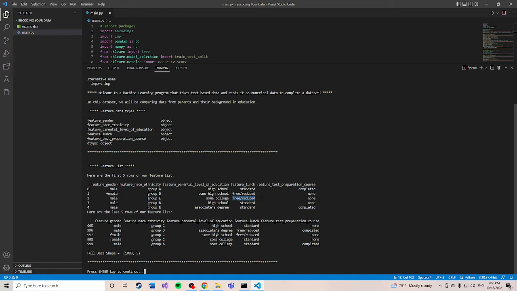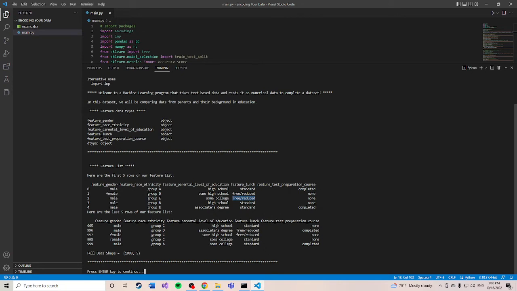So that's sort of telling us that they probably come from a lesser background and have some amenities given to them based on their financial background. So that is taken into consideration.